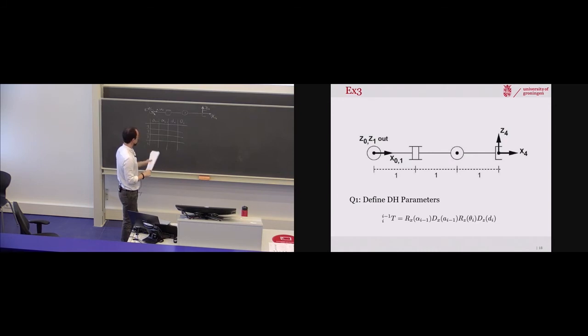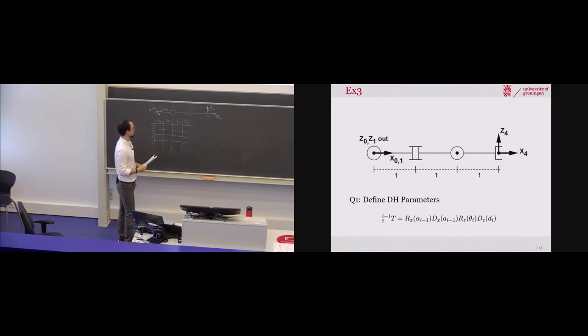Now, what is the relation between the 0 frame and the 1 frame? How do we pass from the 0 frame to the frame number 1? Well, let's start like this. Is there any difference along the x-axis? No, right? There is no rotation along the x-axis, because it would mean that the two z axes wouldn't be one above the other.